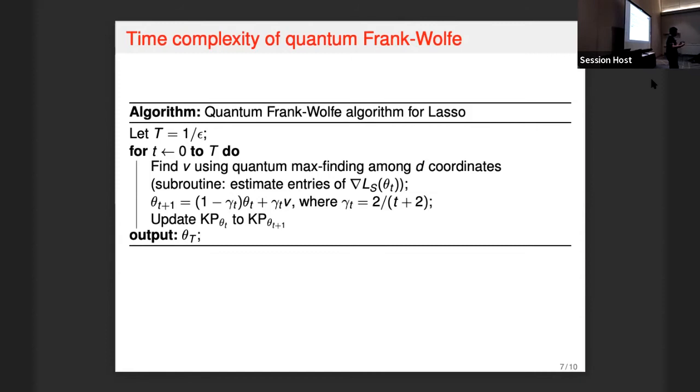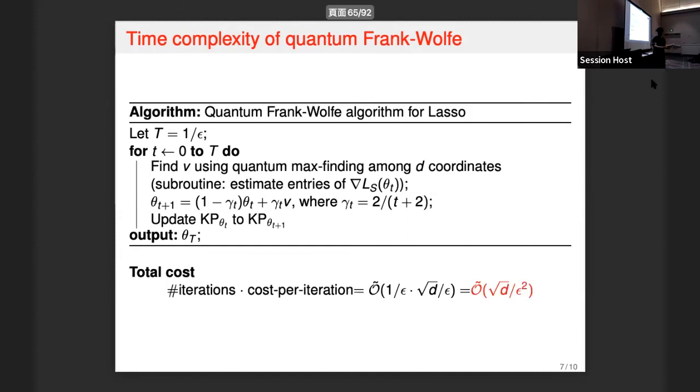And after that, we will update our theta t to theta t plus 1 classically. And also we will update our KP tree for theta t to theta t plus 1. And so the total cost is quite straightforward. That is the number of iterations times the cost per iteration. That is square root of d over epsilon squared.